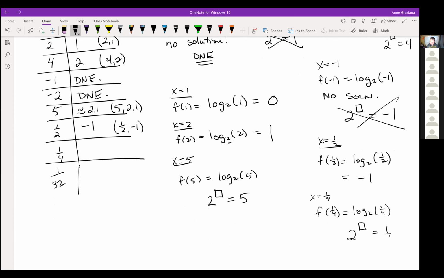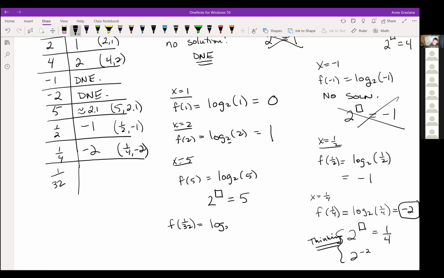Yeah. 2 to the -2. Okay. So that means the exponent is -2. This is the thinking. Don't mix this up. The answer is the exponent. So 1/4 comma -2.